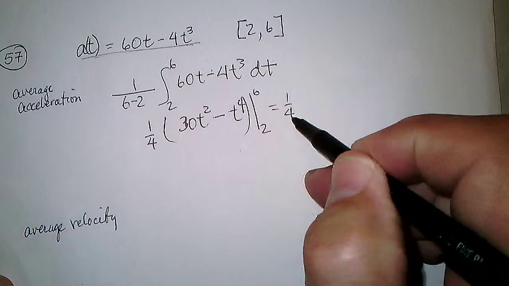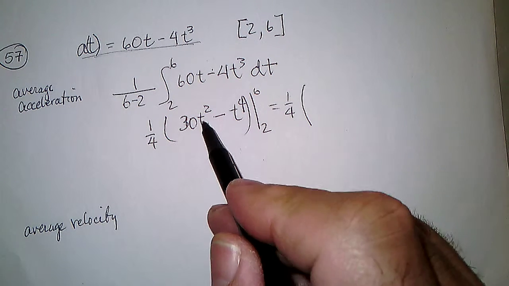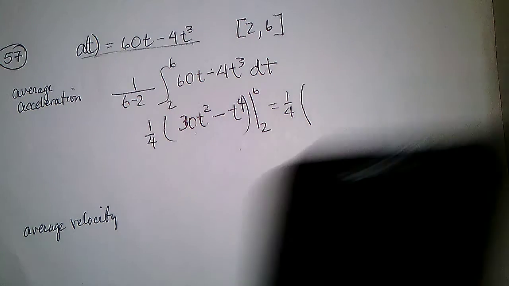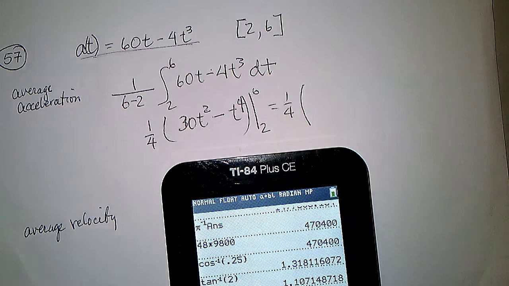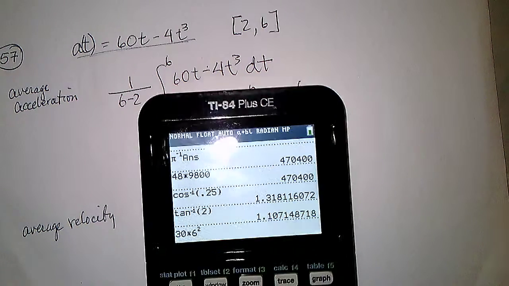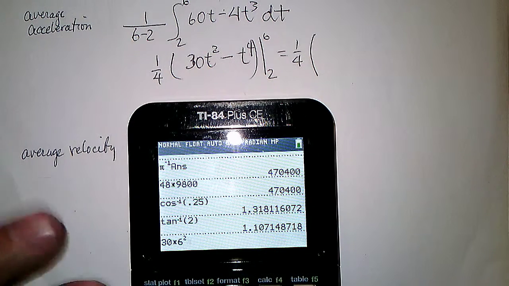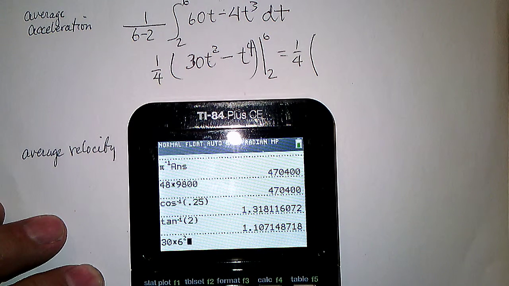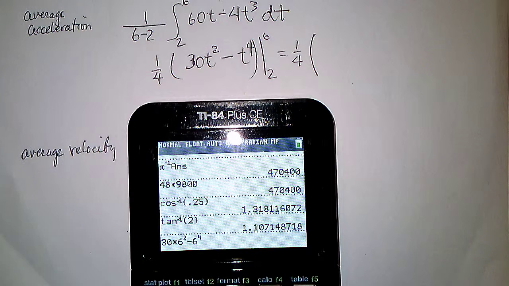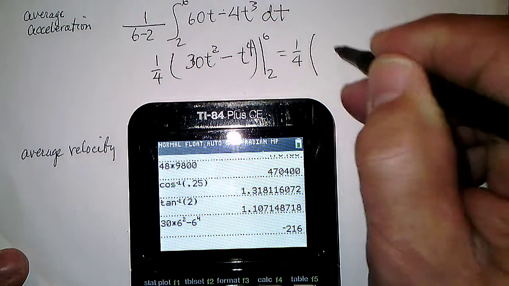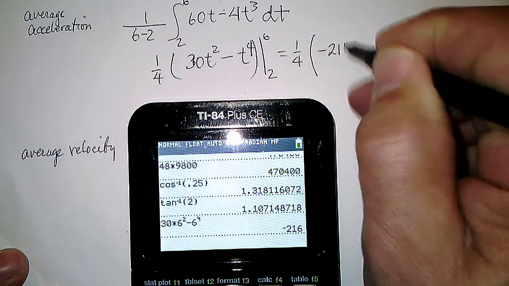So we get 1/4 parenthesis. I'll just put 6 in there. I'm going to have 30 times 6 squared, minus 6 to the fourth. That's minus 216.